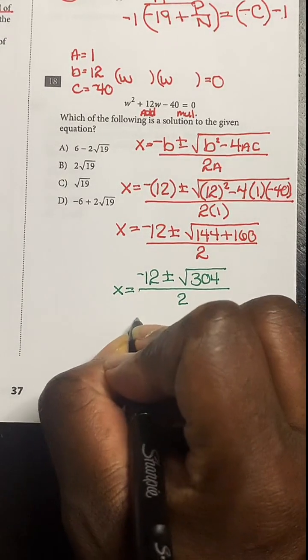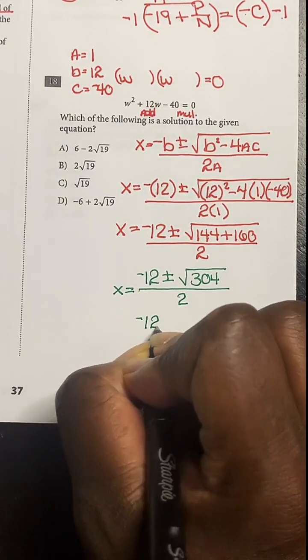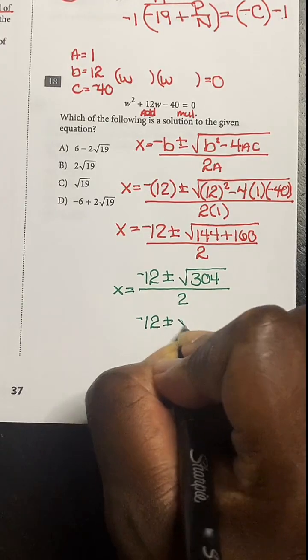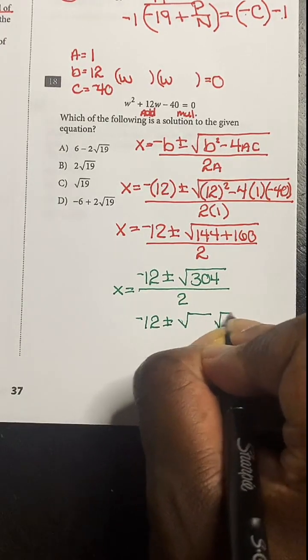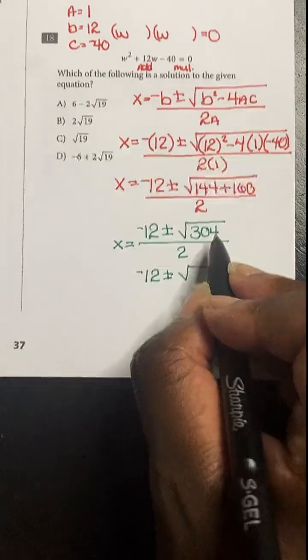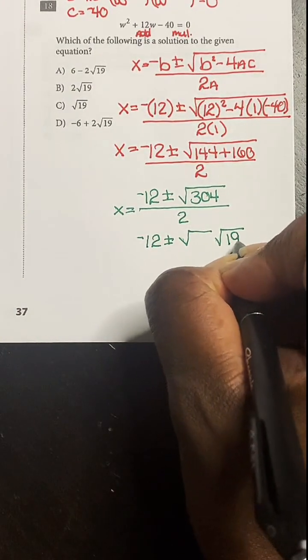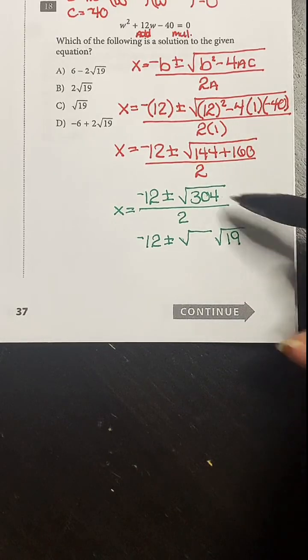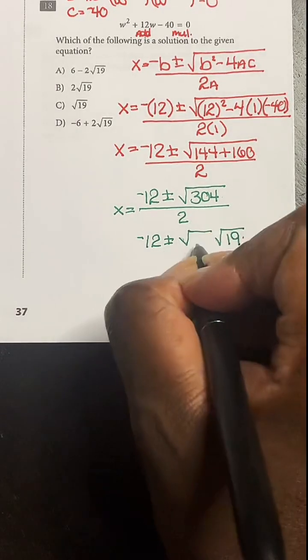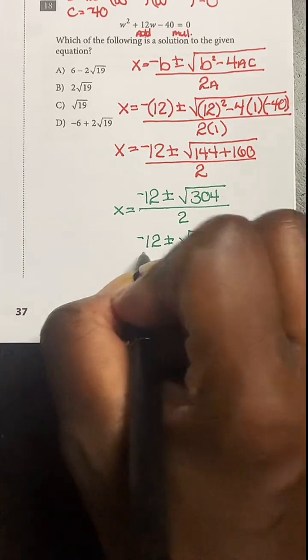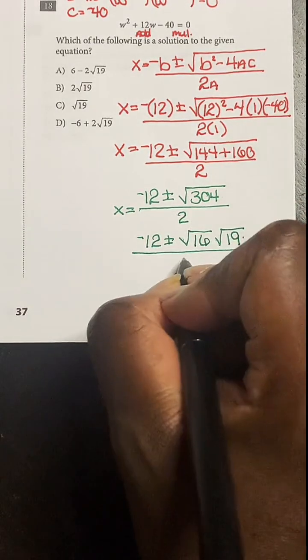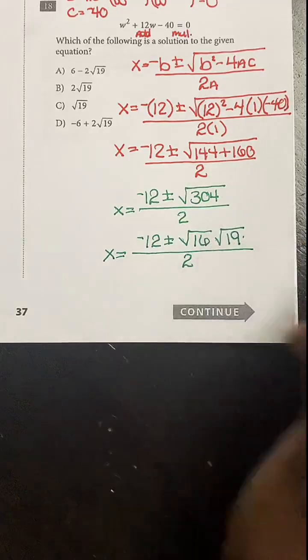So in that case, I got my negative 12 plus or minus, and if I want to simplify or break down that square root of 304, I know one of them is going to be a 19. So 304 divided by 19, that gives me 16. And the square root of 16, that's a perfect square root.